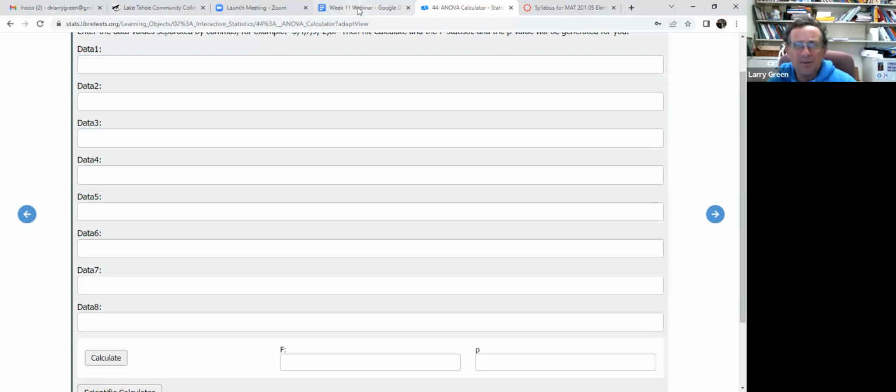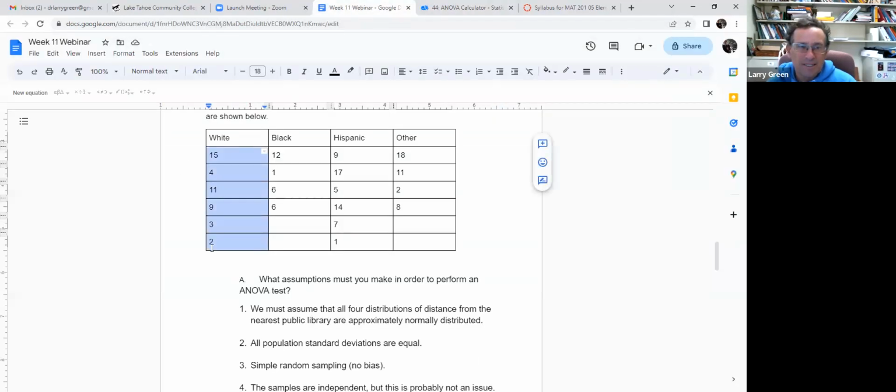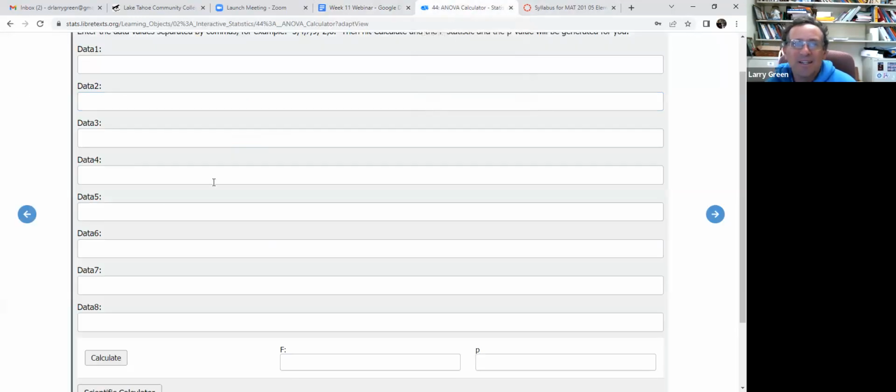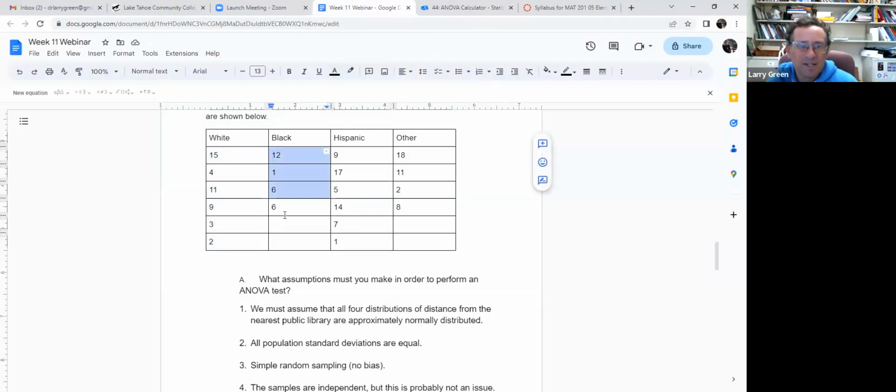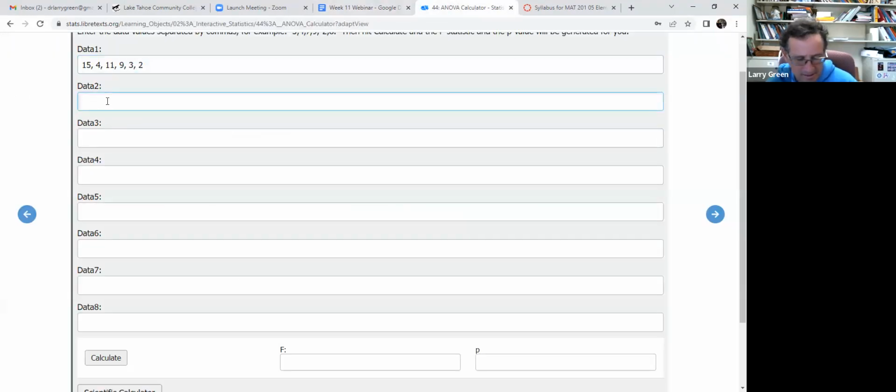Okay, so what I need to do is I need these numbers. I'm trying to remember if it allows me to copy and paste them, but we'll see. I did, good. I had to put commas between them. So I copied, I pasted, threw some commas in. So 15, 4, 11, 9, 3, 2. And then I do it for the next one. 12, 1, 6, 6.